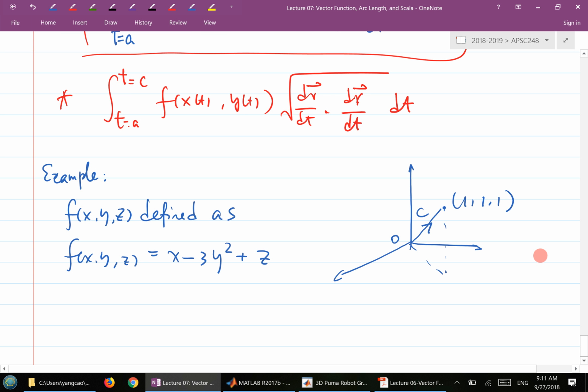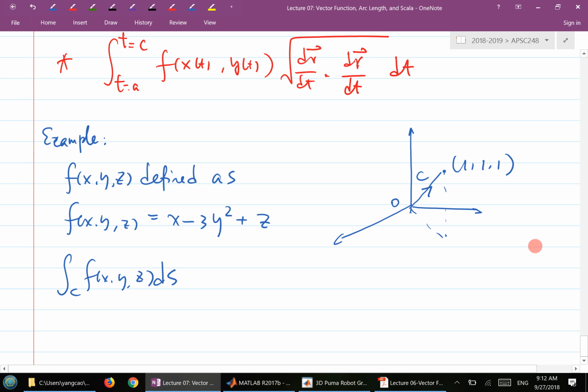Now I think I should emphasize, because I started with density, but the function doesn't have to be density, right? It can simply be a mathematical function defined over this curve C here, and I want to calculate the line integral of this function over the curve C. For this kind of question, from now on, you will probably be given the parametric equation, or you probably don't have the parametric equation in the question.